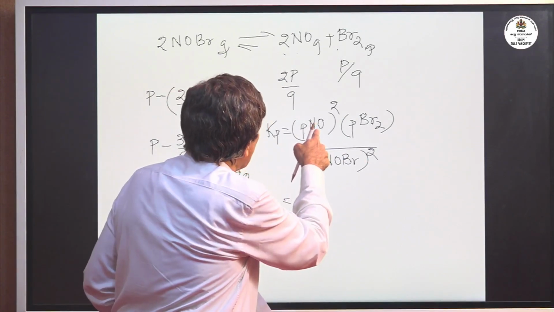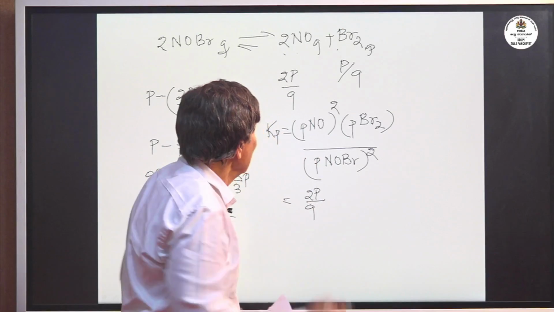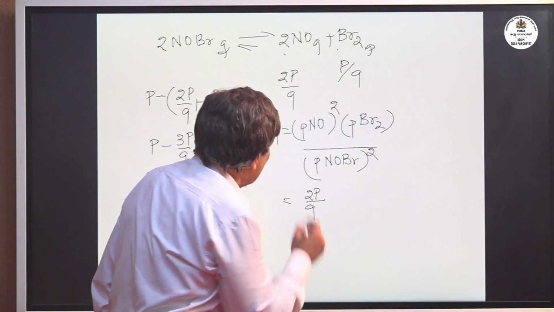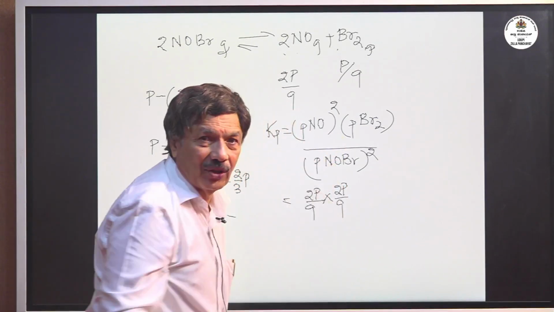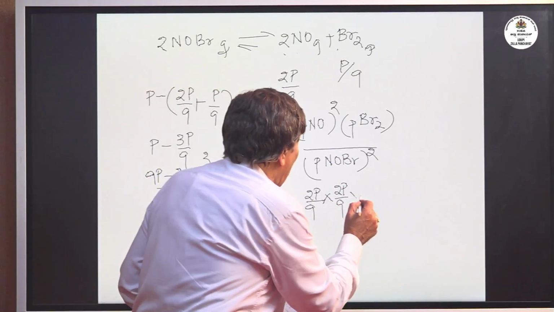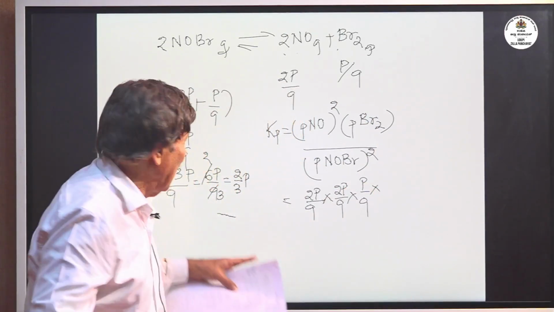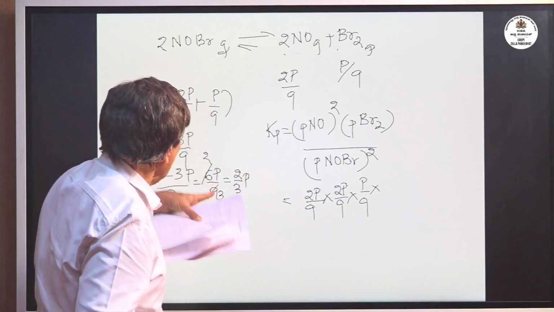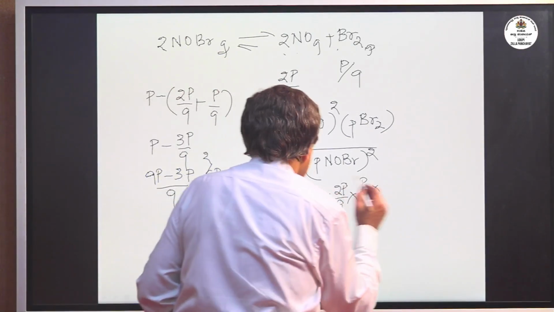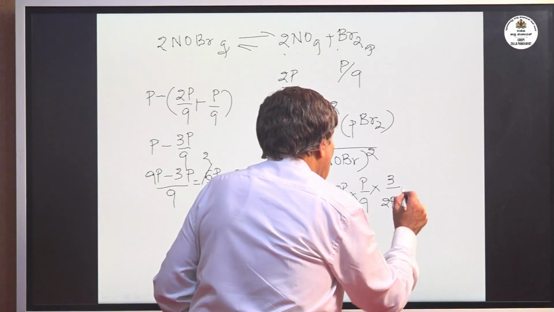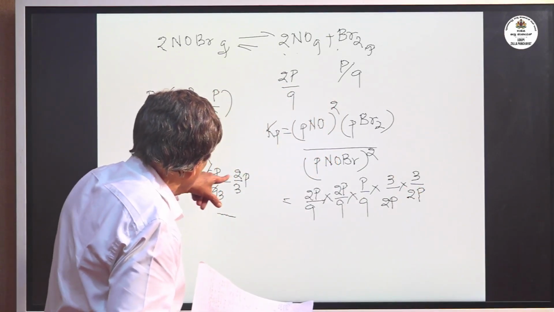The partial pressure of NO is 2P by 9, squared, into the partial pressure of Br2, P by 9, divided by the partial pressure of NOBr, 2 by 3 P, squared. Hope that you have understood.